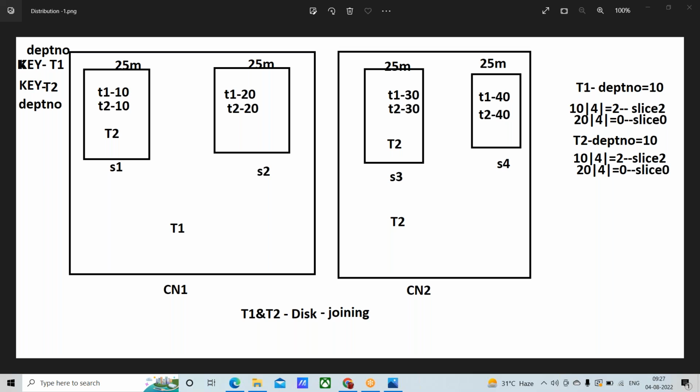Okay, so HR is there. For example, HR is in room number 30. In room number 30, how many employees are there? 1,000. So what is my question? I want to know all the employees who are working for the HR department.